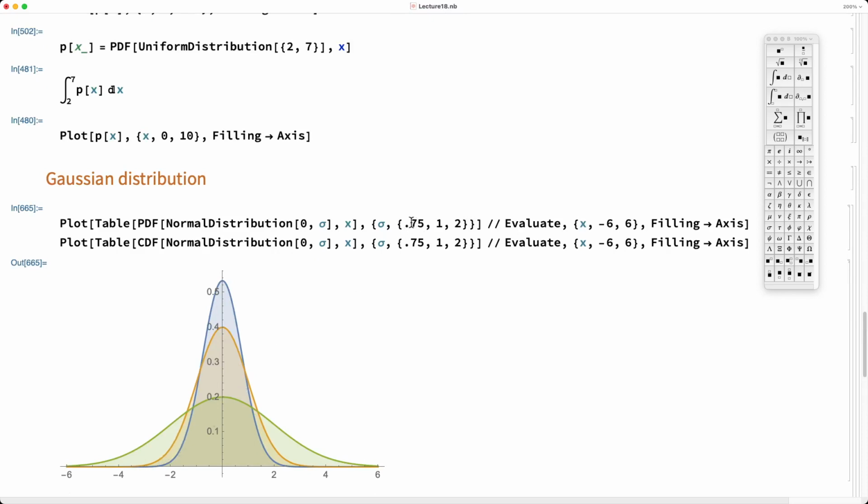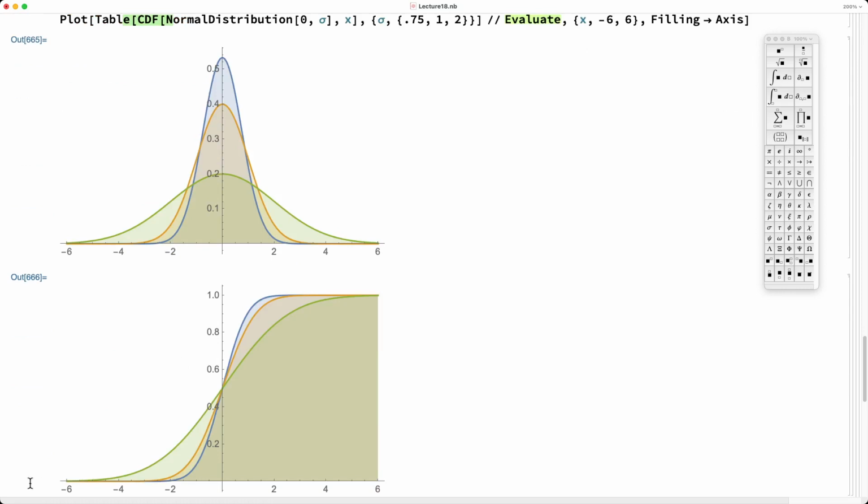So that's for sigma 0.75, and the other one is for 1, the orange one, and the green one is for sigma equals 2, which is more spread out. And I'm also plotting the CDF, or the cumulative distribution function. And you can see as I'm integrating for small x, the value is 0.